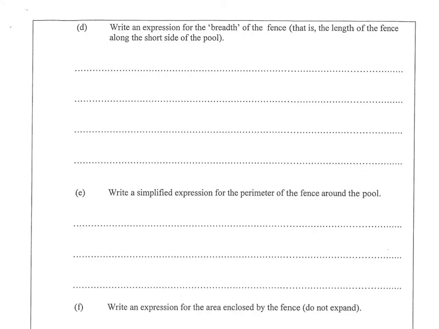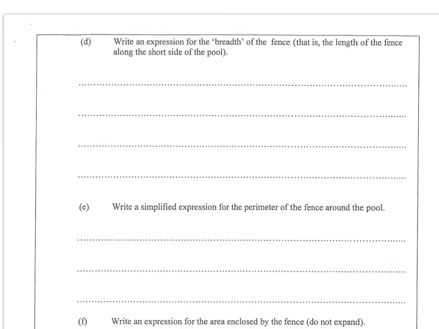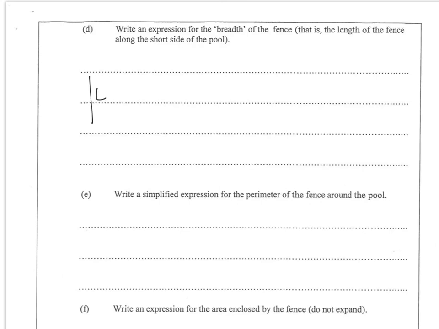Now the breadth of the fence, which was, we said, the pool was 4y, but we need to go an extra q and an extra q to get to the fence. So it is 4y plus 2q.